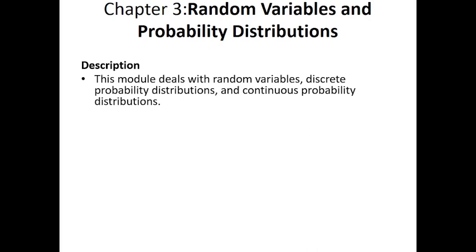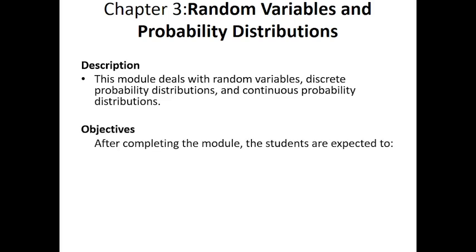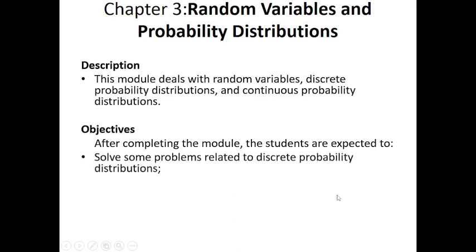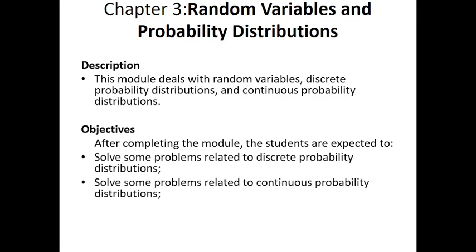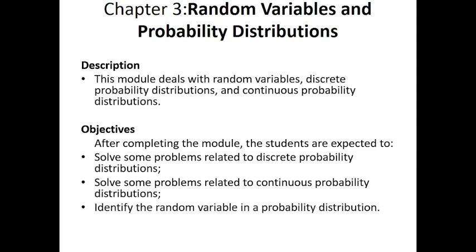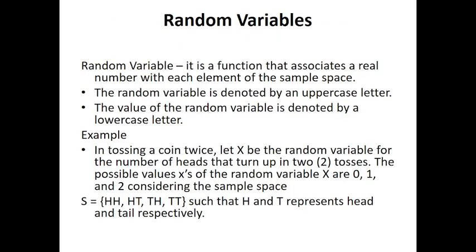So the objectives of this chapter, or this module, are for you students to solve some problems related to discrete probability distributions, and also solve some problems related to continuous probability distributions, and then identify the random variable in a probability distribution.